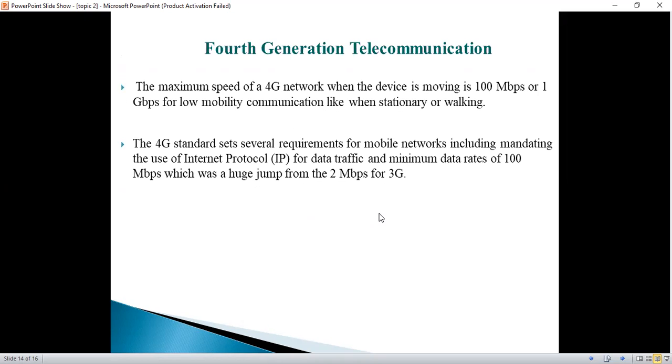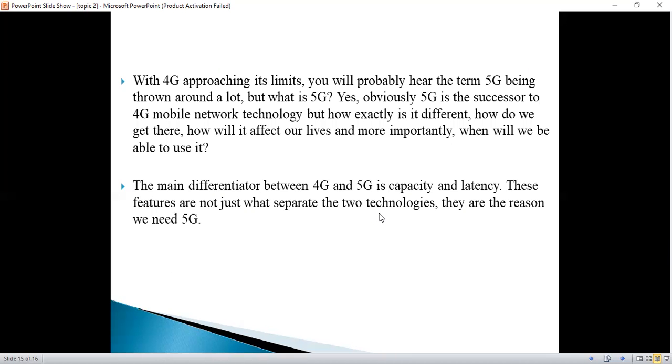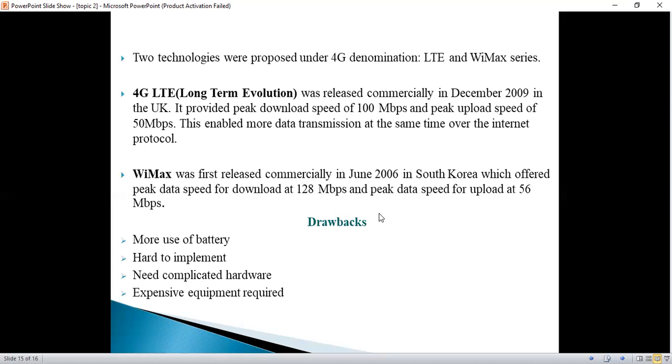So this is all about the 4G generation and its technology. After that I would let you know about 5G and the design and operation of the already studied generations in the next topic.